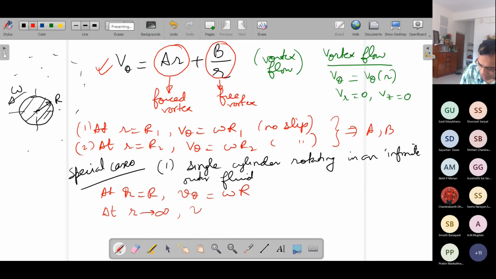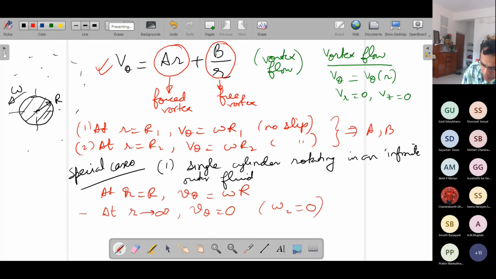That means you have v theta equal to 0. Right? This is equivalent to omega 2 equal to 0. So in a way, an outer cylinder located far away from the inner one with no rotation is actually a special case of what we have considered here.